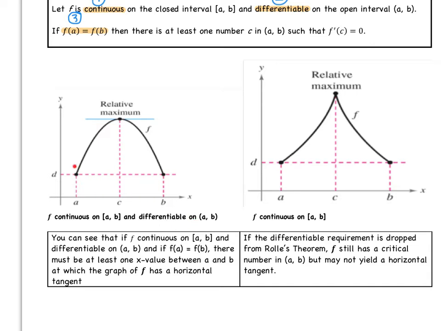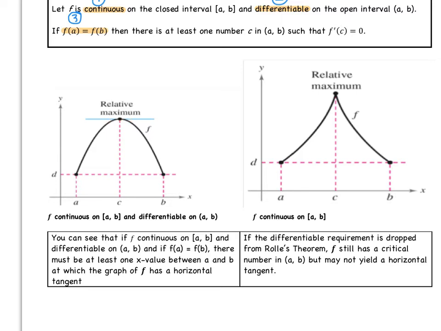We can see that f of a equals f of b, they get that same value there. So there must be at least one x value between a and b at which the graph has a horizontal tangent, meaning we have a critical number that produces a horizontal tangent line.